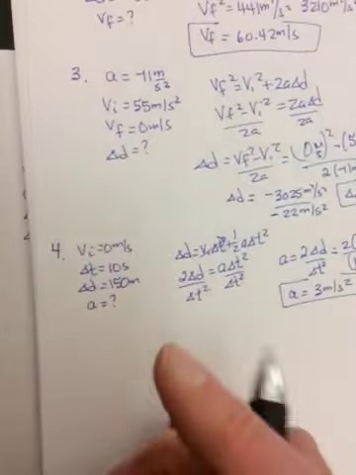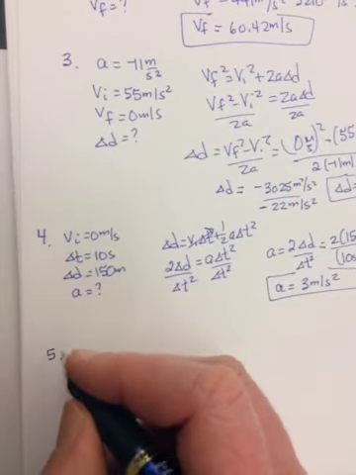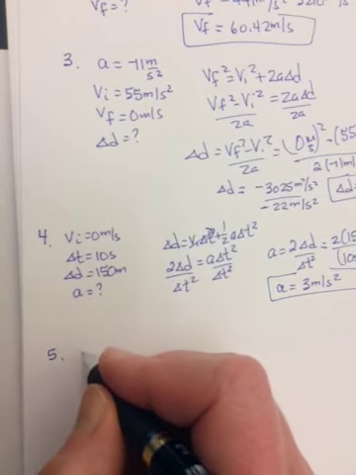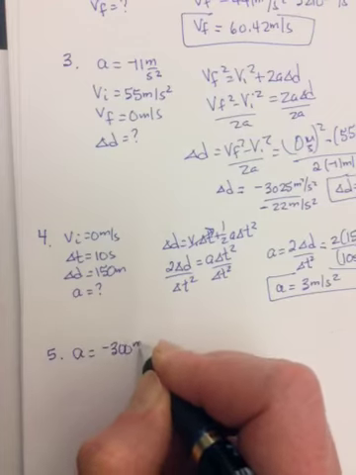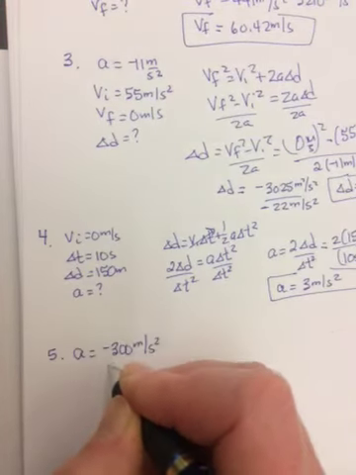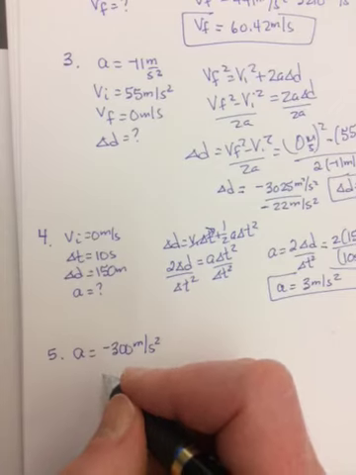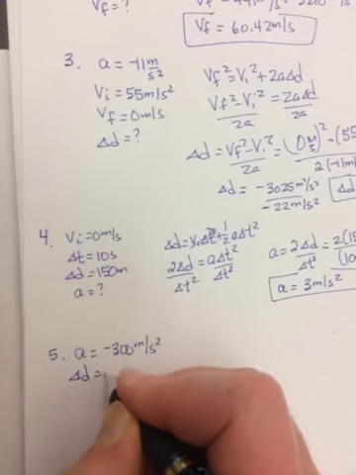Number 4. Number 5 says, a person wearing a shoulder harness can survive a car crash if the acceleration is smaller than negative 300 meters per second squared, meaning he's slowing down, it's opposite motion. Assume this constant acceleration. How far? You're looking for delta d.